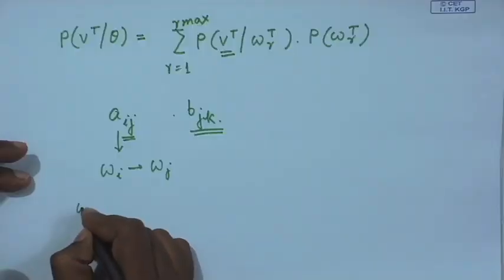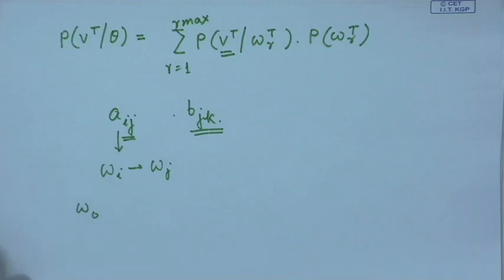And as we have already said, out of these hidden states, one of the hidden states, say omega naught, is called the final state, that is, once the hidden Markov model enters this state omega naught, it cannot come out of this state. Any further transition it will make, it has to make within state omega naught only.